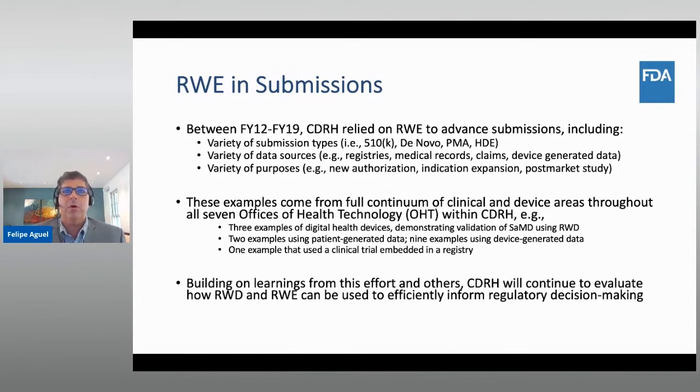Some examples are digital health devices, validation of software as medical devices using real-world data, 2 examples that use patient-generated data, 9 which used device-generated data, and even 1 example where a clinical trial was embedded in a registry.